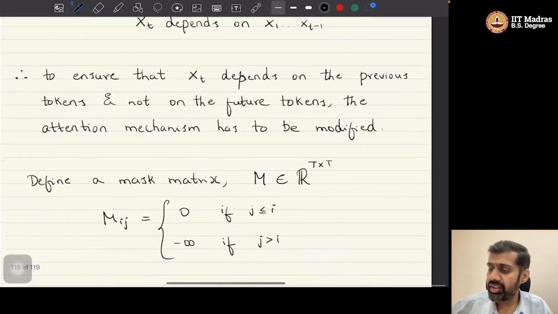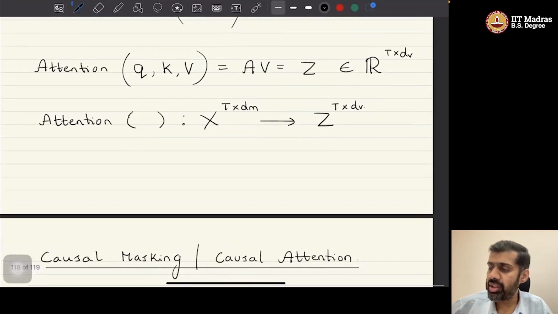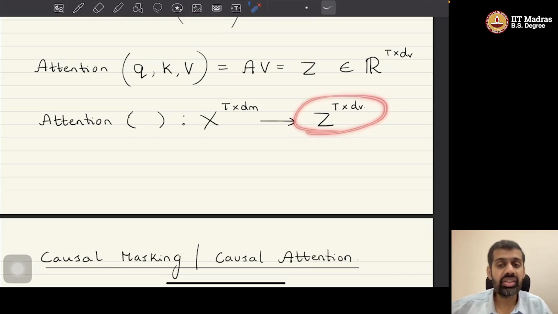Once we get this AM, we use it to multiply with the value matrix, and we get another representation of the data. This representation is such that the dependence of every token is only on its past, not on the future.